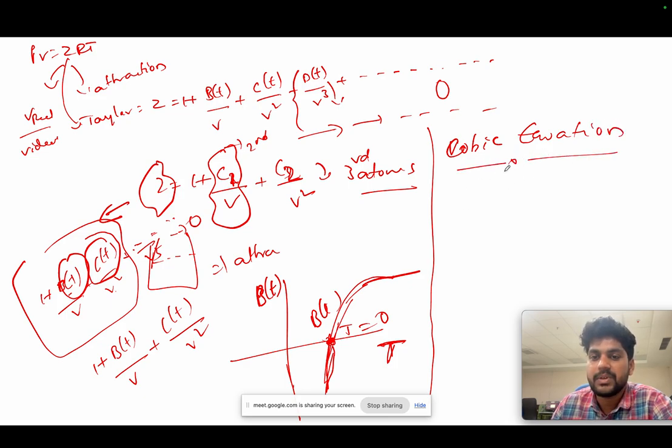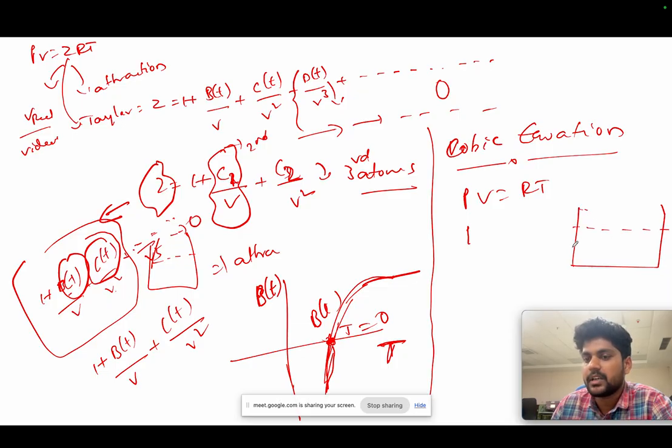The cubic equation was basically designed for this: we already discussed that PV equals RT. I'm explaining van der Waals again for better understanding. Consider just two or three molecules.